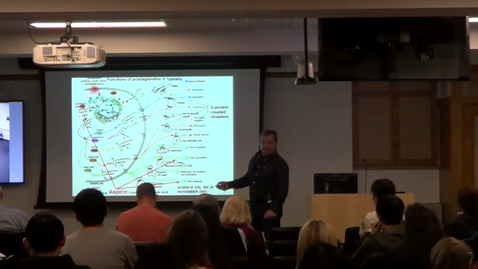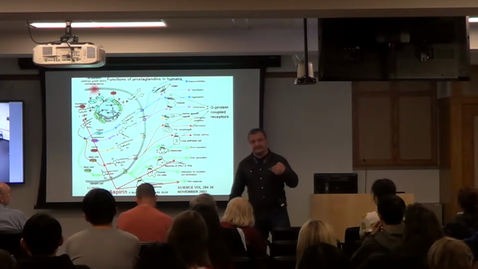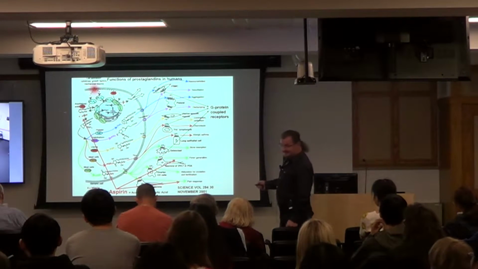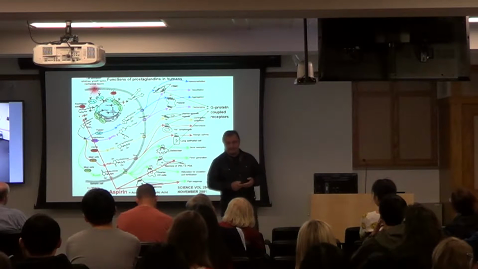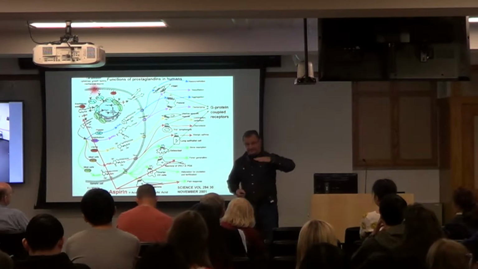Aspirin is known to all of you. Its mode of action is to prevent biosynthesis of these oxylipins by binding to cyclooxygenases and inhibiting their activity. The result is downregulation of some of these oxylipins.